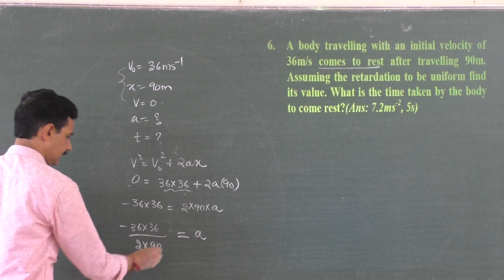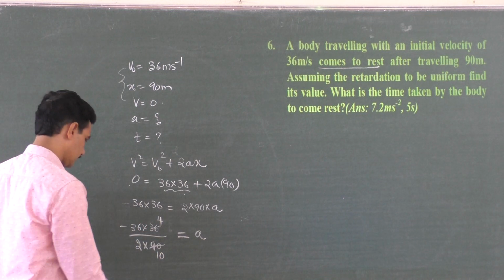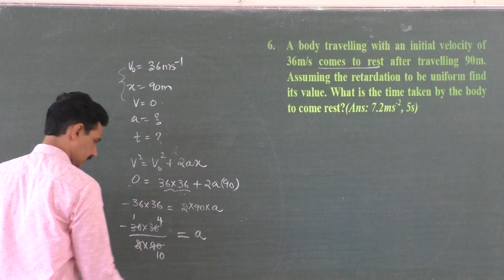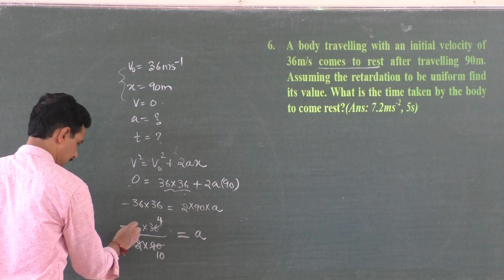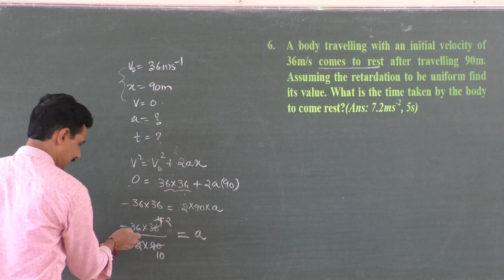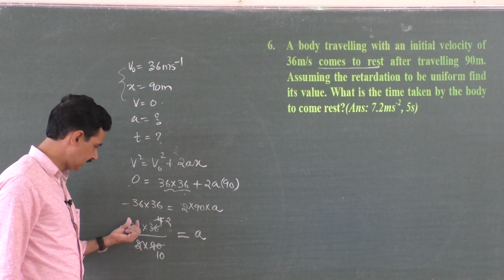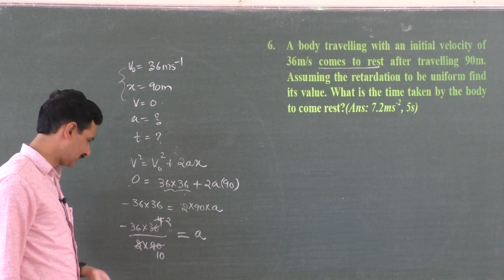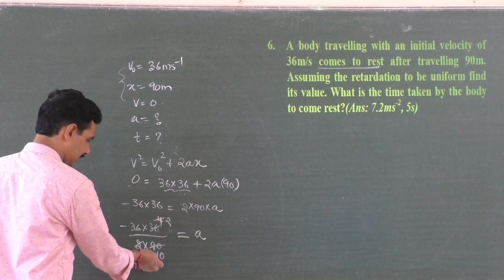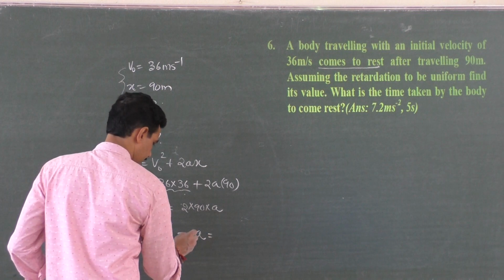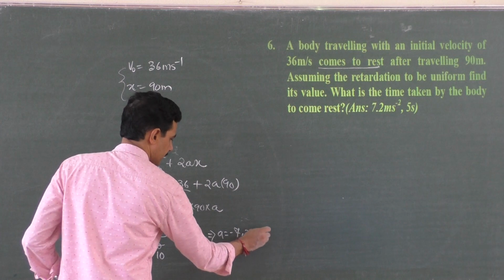Okay, 9 10s are, 9 4s are, 9 4 times gone, 2 18 times gone. I will keep 36 as it is. I don't divide it as 18 36, because the 2s table is not easy. That's what I did here. If I make the 2 into 18, 4 into 18 is not a big deal. But 36 into 2 is 72, but here there is a 10, minus, that implies a is equal to minus 7.2 meter per second square.